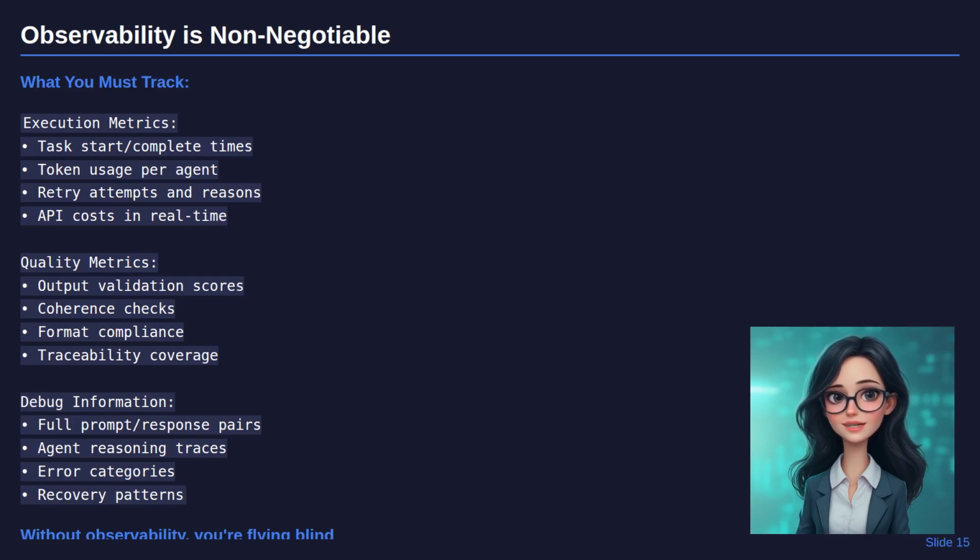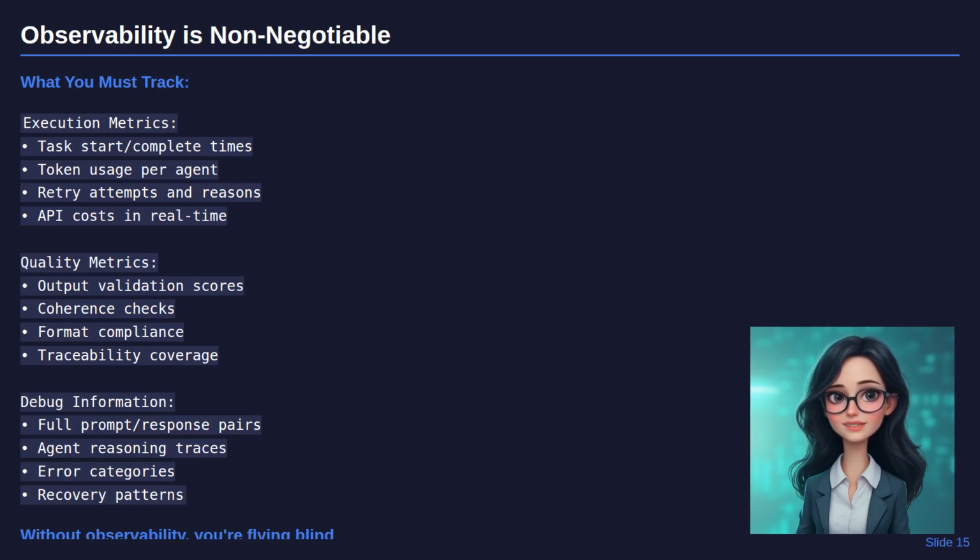Our logs revealed a 30% failure rate we didn't expect. We saw token usage growing exponentially. We discovered agents outputting tool syntax instead of content. These weren't edge cases. They were normal operation patterns we only found through comprehensive logging.